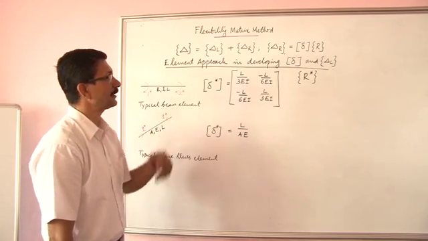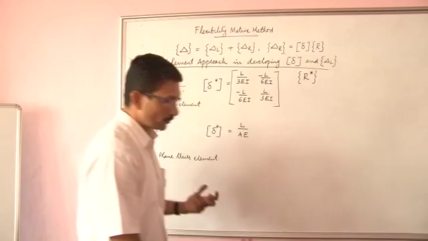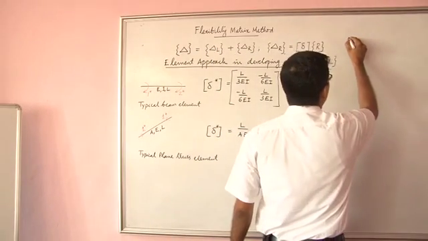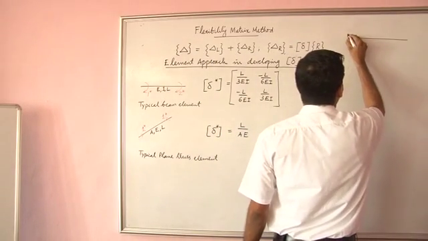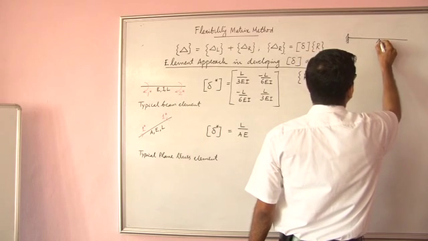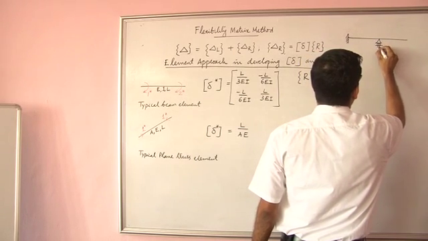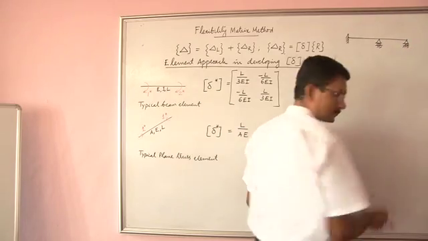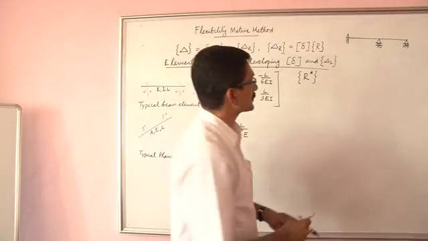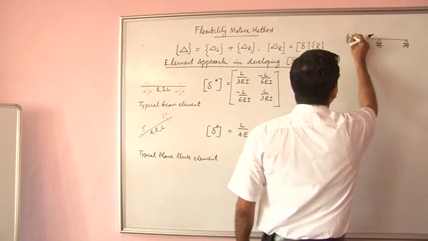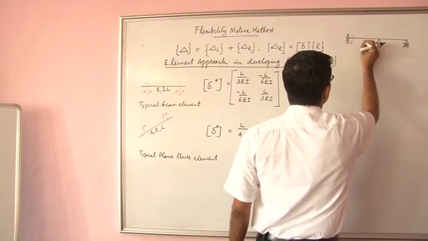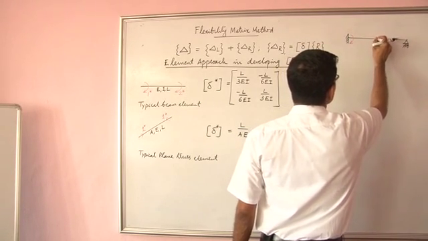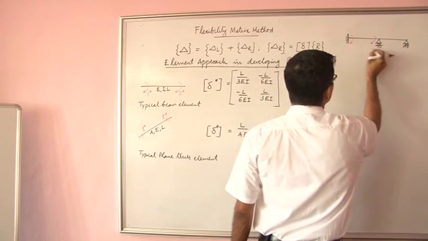And we can say, for example, if you extend that to a two-span continuous beam like this, there are two elements, this one and the second one. These two are the element coordinates for this element.